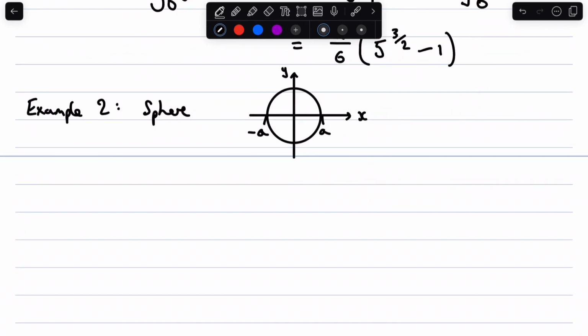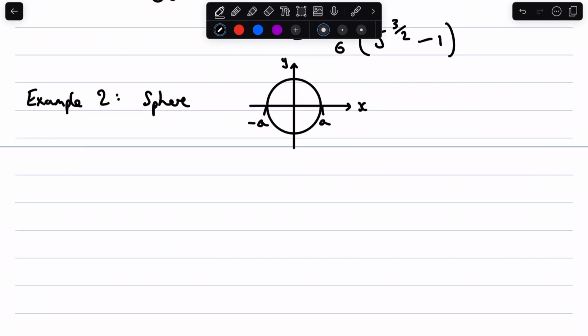Next, let's consider a sphere. So all we're doing here is rotating this hemisphere around the x-axis by 2 pi. And so we'll describe this by x squared plus y squared equals a squared, as we're going from minus a to a. So the radius of our circle, and therefore of our sphere, is a. And that will mean that y equals the square root of a squared minus x squared.